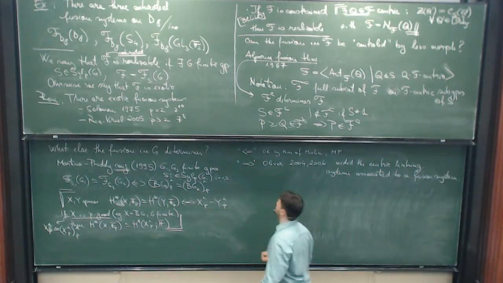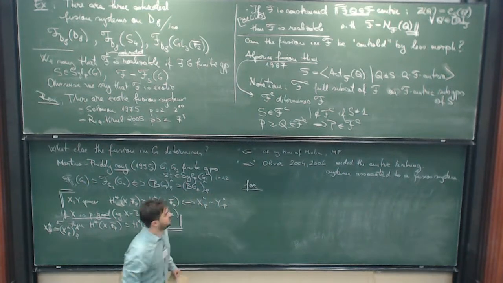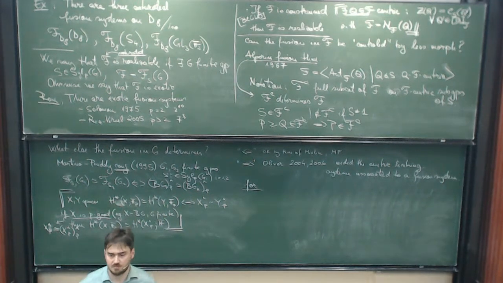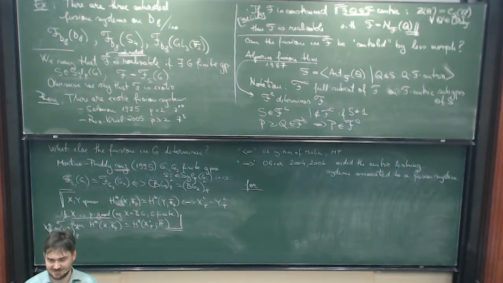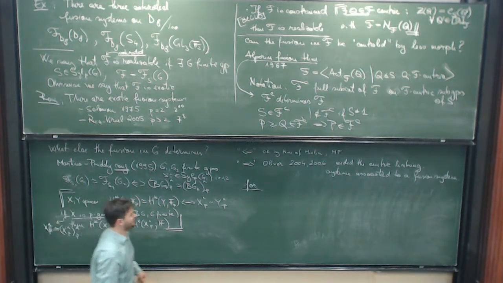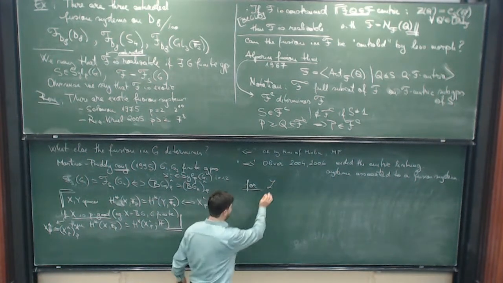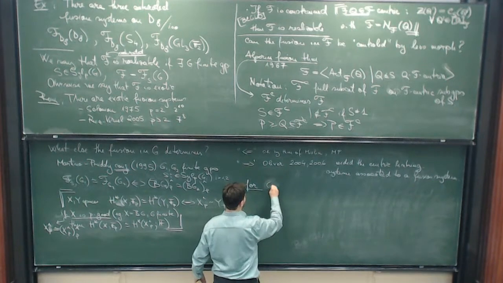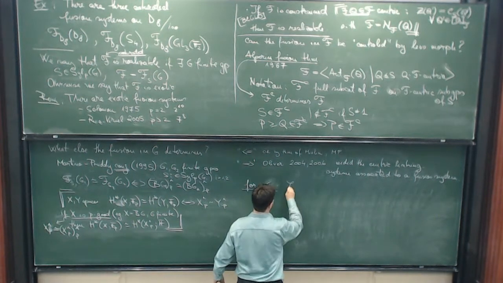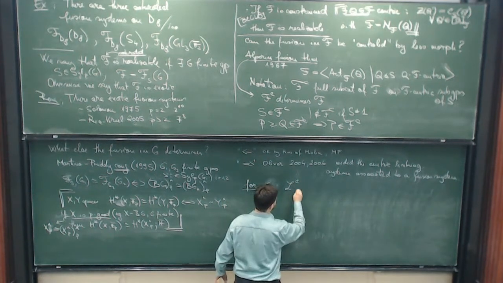So what is this for G? I wanted to say that afterward, once I give what it is. So for G a group, what is LC_S(G)?